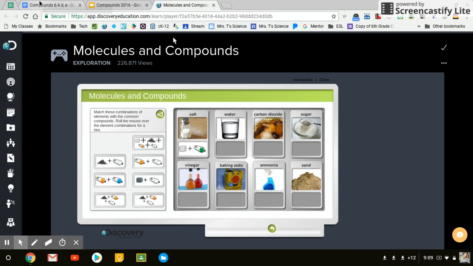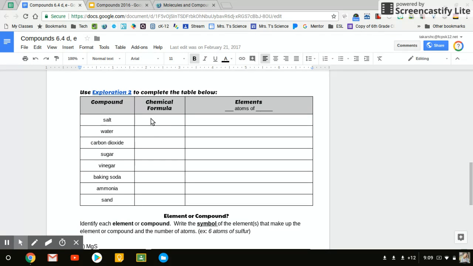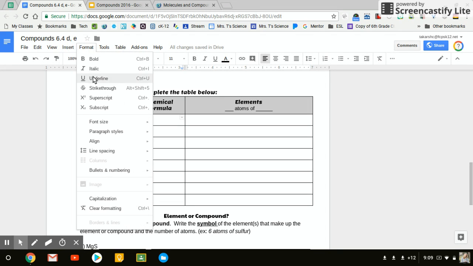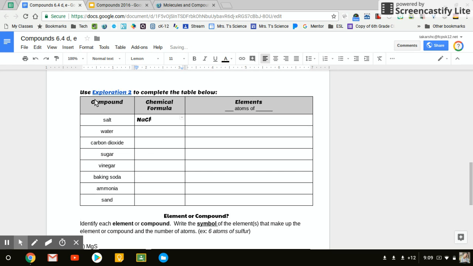So what you're going to do is you're going to come back to your paper, and right here, you're going to write the chemical formula. Capital N, lowercase a, capital C, L. And we know that 2 is the subscript. So what I'm going to do is go up here to format, subscript, 2.